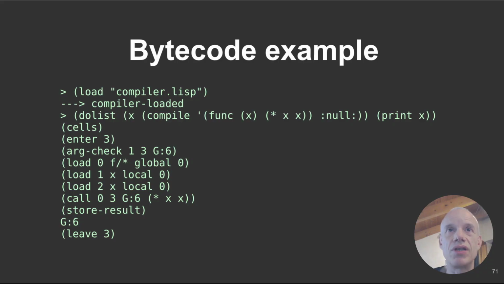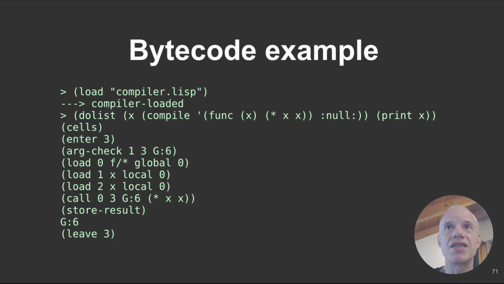And then I'm loading in slot 0, temporary 0, the function multiplication, and it is a global. Now you see there is load 0, that is the target slot. f/star is the name of the star function, the multiplication function. It's a global with index 0, so it is the first global.